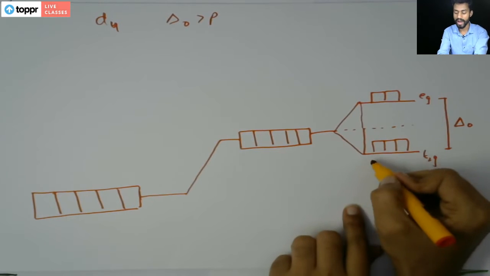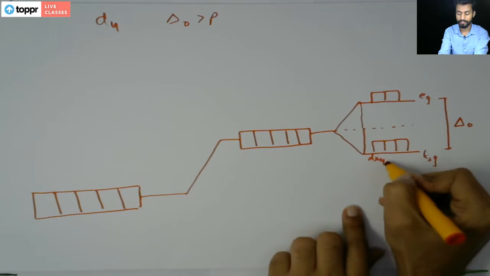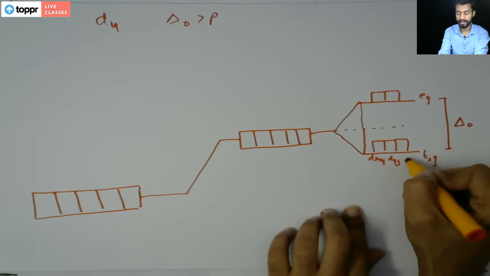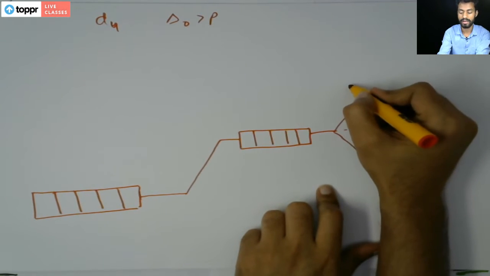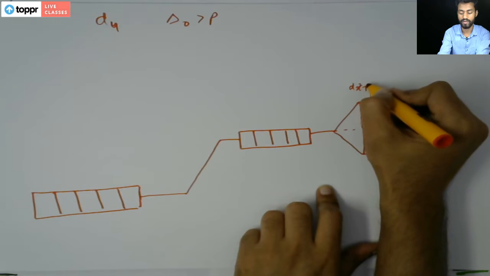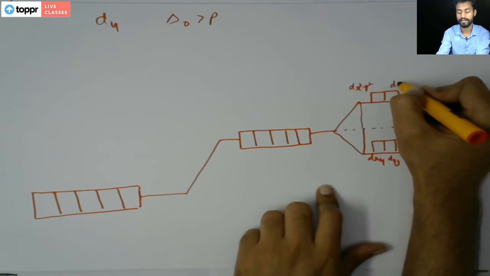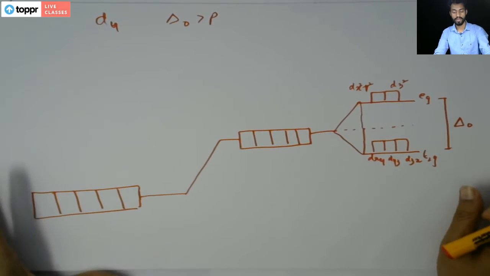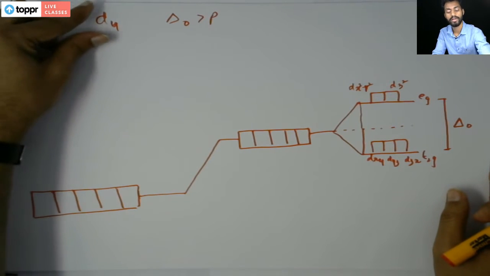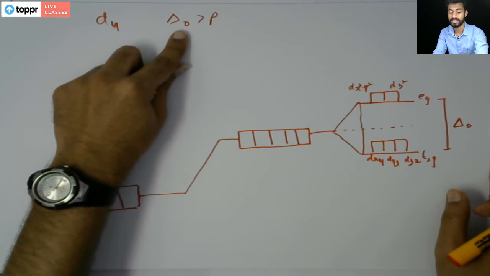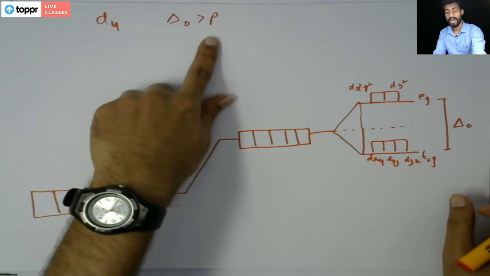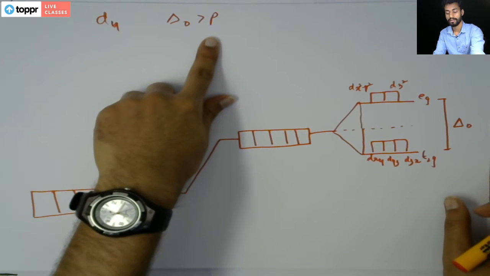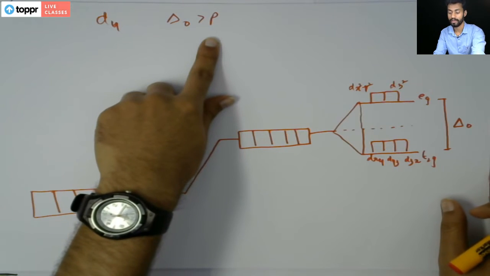So here dxy, dyz, dzx, and here dx square minus y square and dz square. Now we'll see for a d4 having octahedral splitting energy greater than pairing energy. Since pairing energy is less, what will happen? Can you guess?